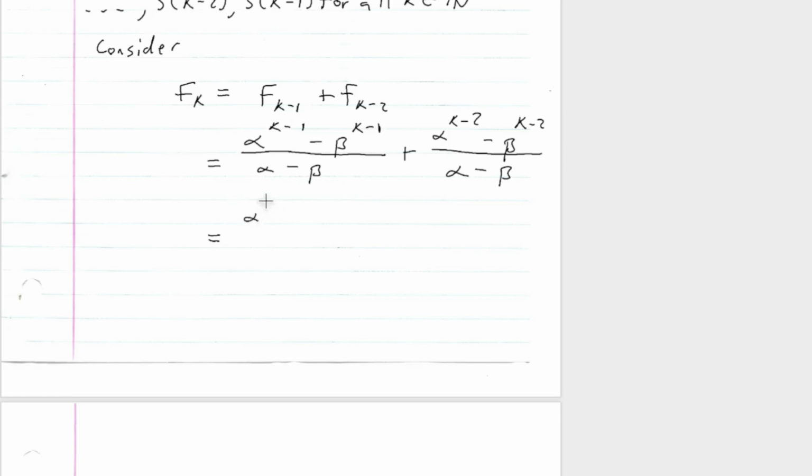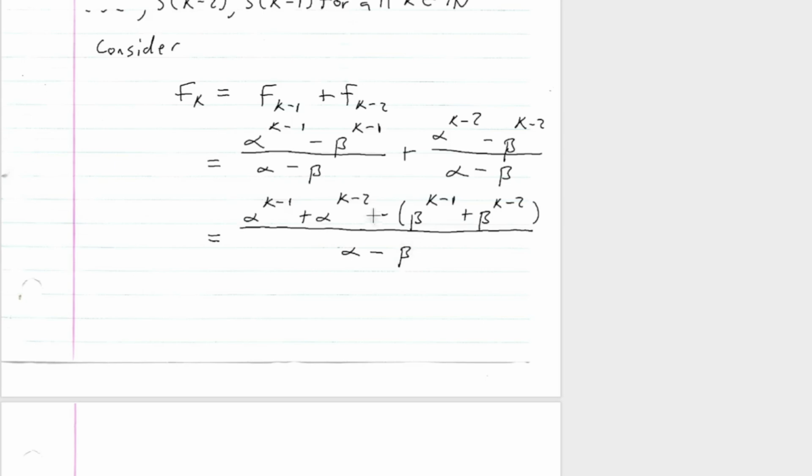So this will be alpha to the k minus 1 plus alpha to the k minus 2. And then I'm going to do minus, and then I'll have beta to the k minus 1 plus beta to the k minus 2, right? Because both of these are negative, and if I were to combine these fractions together, I would have negative beta to the k minus 1 and negative beta to the k minus 2. So I could factor out the negative to have this, right? And that's all over alpha minus beta.